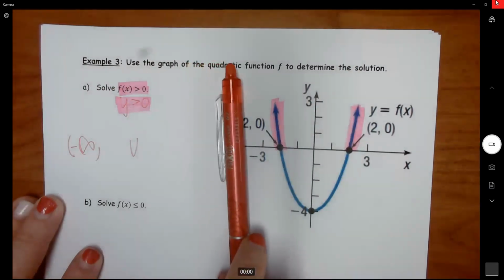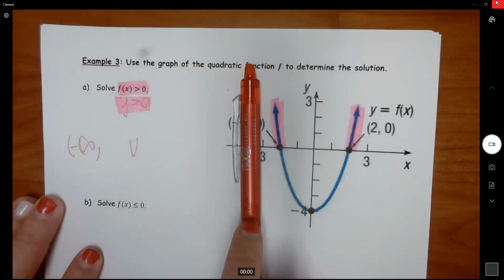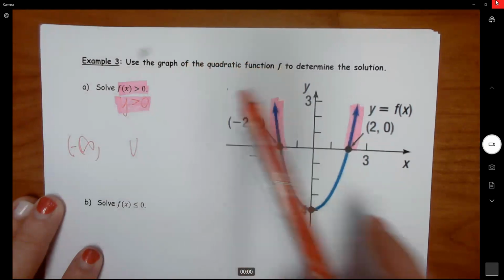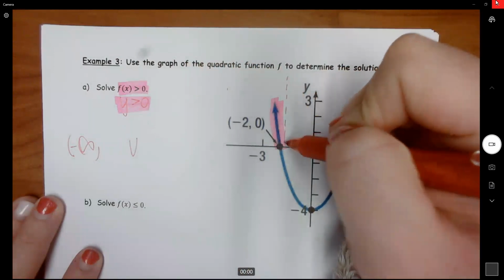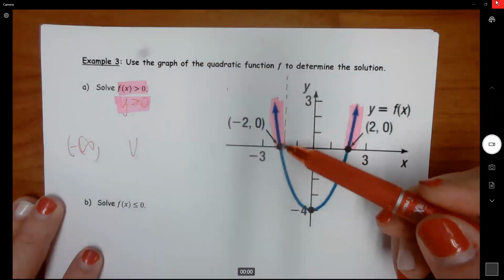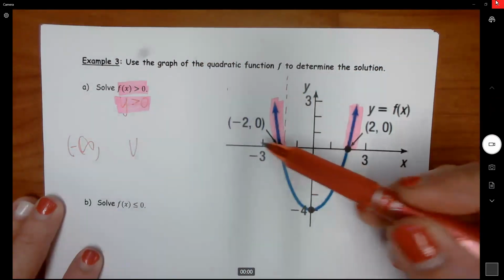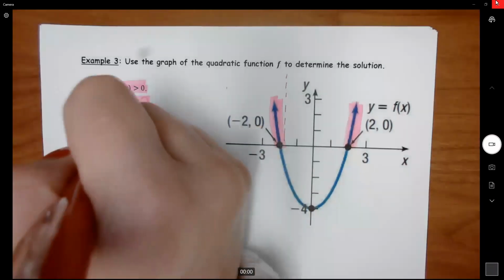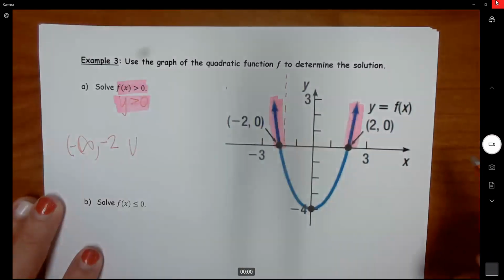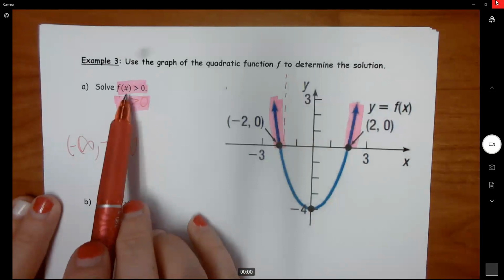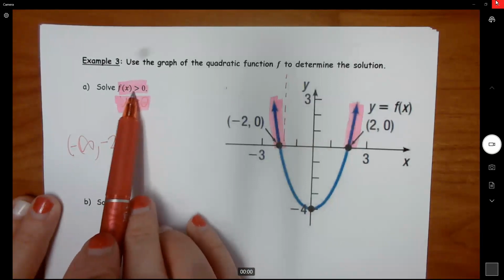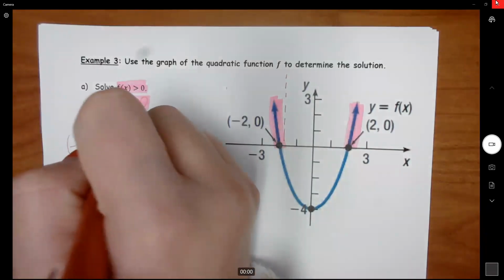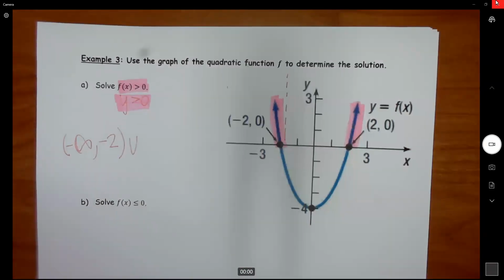And then as I keep going, the last thing that I hit is right here when x equals -2. Because this is only greater than and not greater than or equal to, it is not including that -2, and so we will do parentheses.